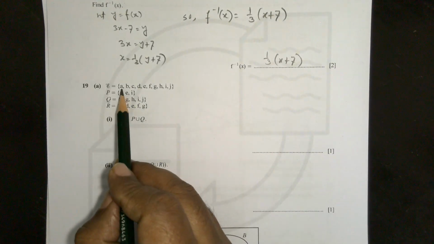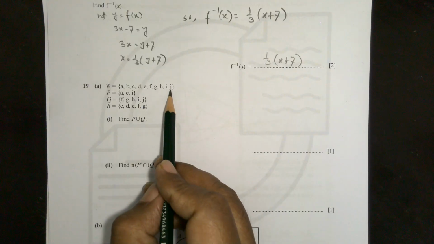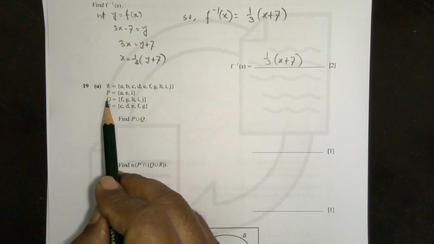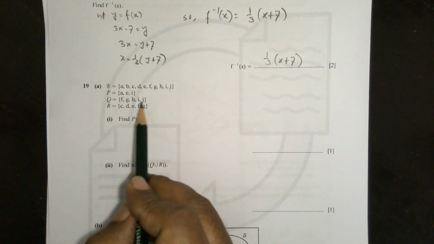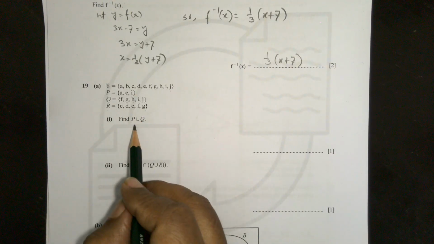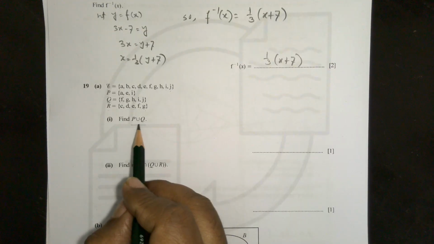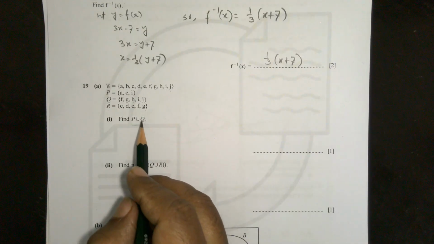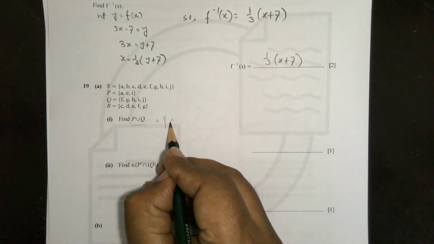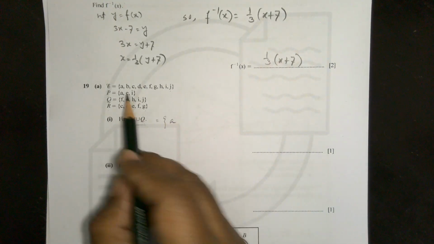Now the universal set is given as a, b, c, d, e, f, g, h, i, j. The set P is a, e, i, set Q is f, g, h, i, j, set R is c, d, e, f, g. We have to find the set P union Q. So what is in P? A, then e.